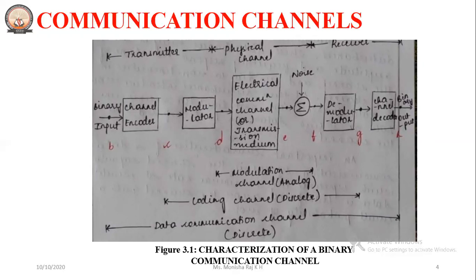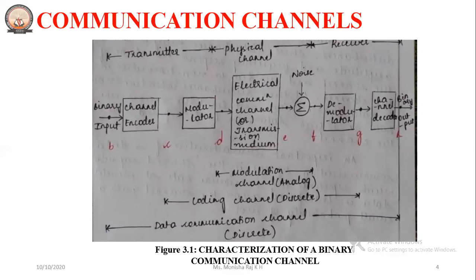The communication channel between points D and F provides the electrical connection between the transmitter and the receiver. The input and output are analog electrical waveforms. This portion of the channel is often called a continuous or modulation channel.